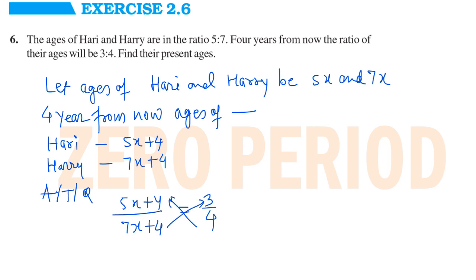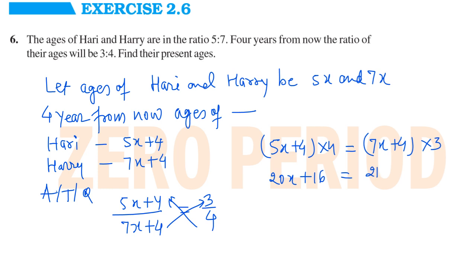So many questions we have done using this concept. So 5x plus 4 into 4 is equal to 7x plus 4 into 3. Then 4 5s are 20x, 4 4s are 16, 7 3s are 21x, and 4 3s are 12.